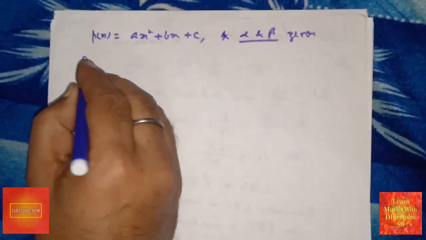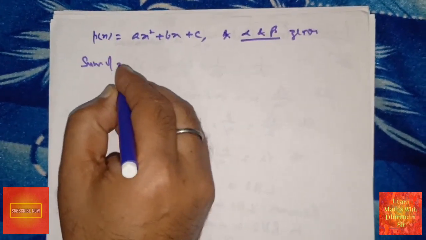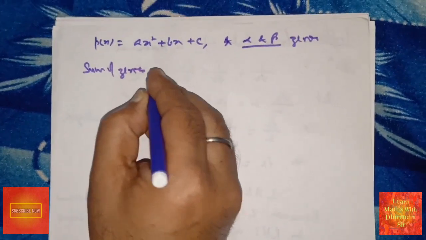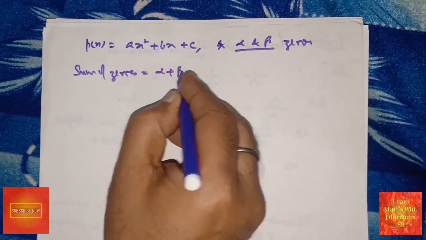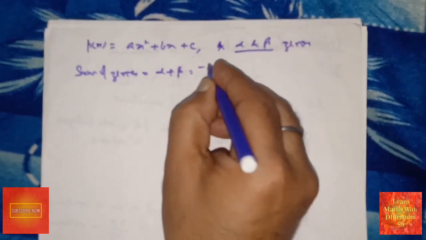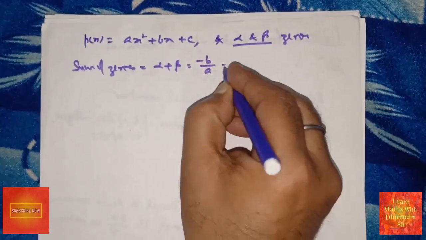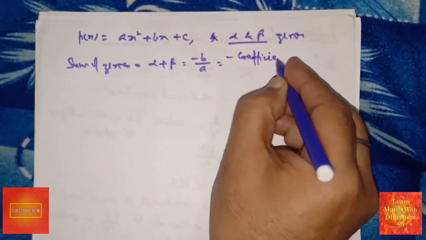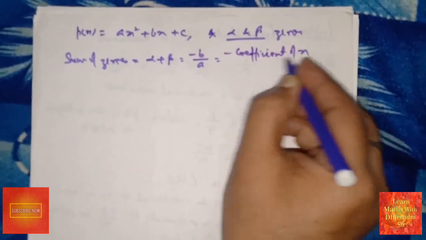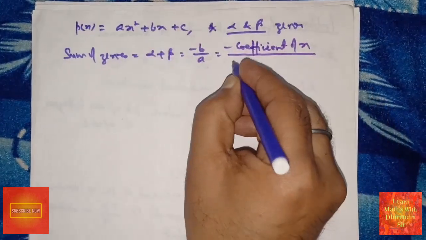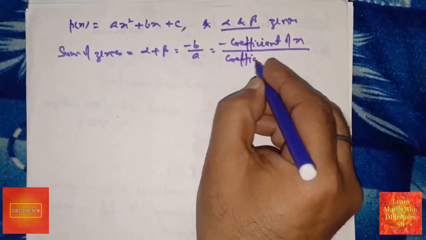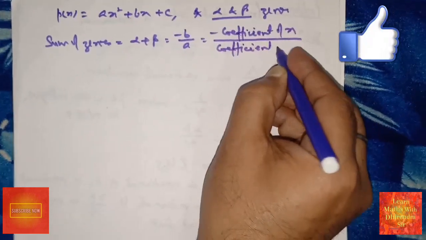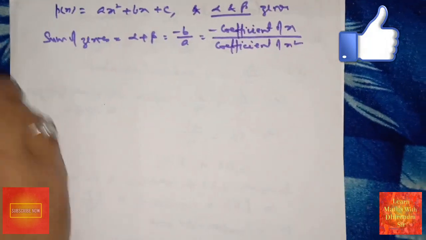Then we got sum of zeros equal to alpha plus beta equal to minus b upon a equal to minus coefficient of x upon coefficient of x square.